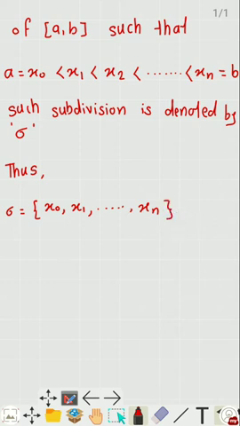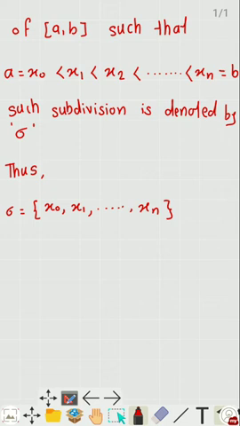These n numbers divide the closed interval 0 comma 1 into n subintervals.